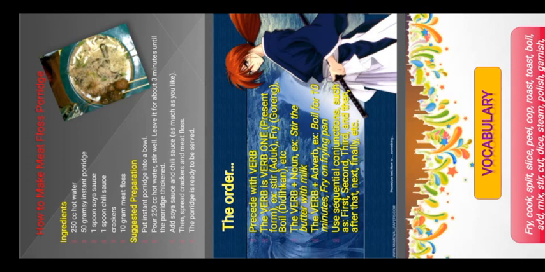The second one, the verb should be in verb one, just like when you look at the example there, put instant porridge into a bowl. That is the word put. Put is a verb one, and it means that you instruct someone to read this kind of information to follow your instructions. And also when you are speaking, just like in a cooking show, you are instructing the audience or the TV watcher to follow your instructions.